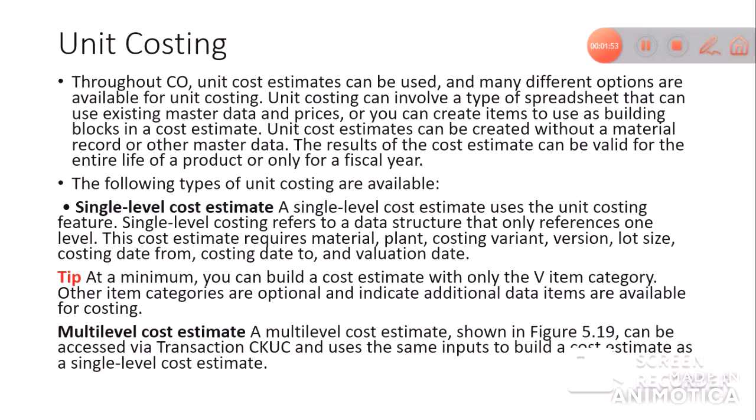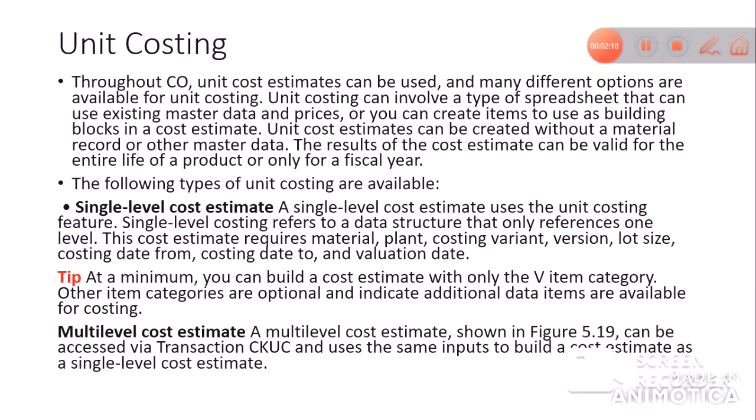Unit cost estimates can be created without a material record or other master data. The results of the cost estimate can be valid for the entire life of a product or only for a fiscal year. The following types of unit costings are available: single-level cost estimate and multi-level cost estimate. A single-level cost estimate uses the unit costing feature.